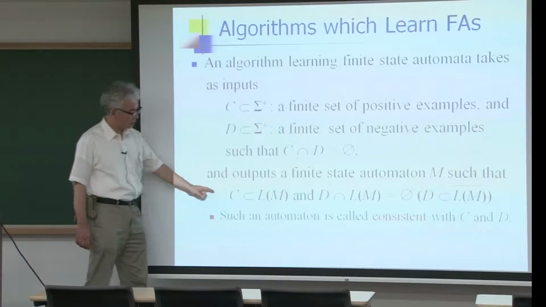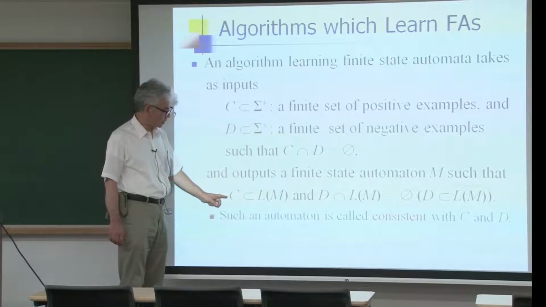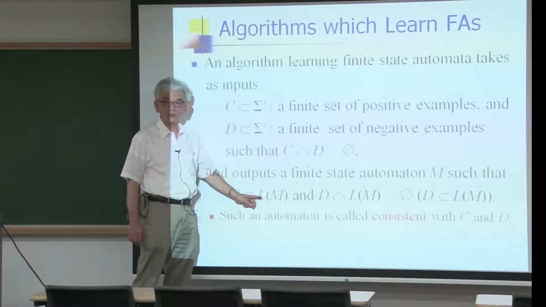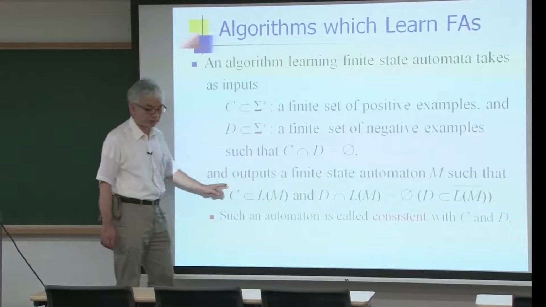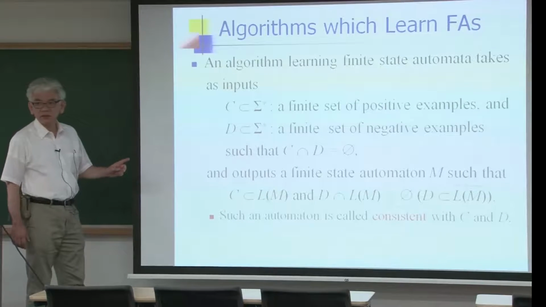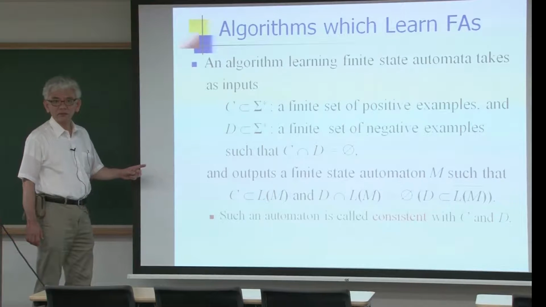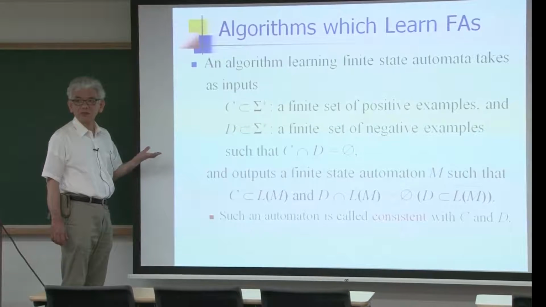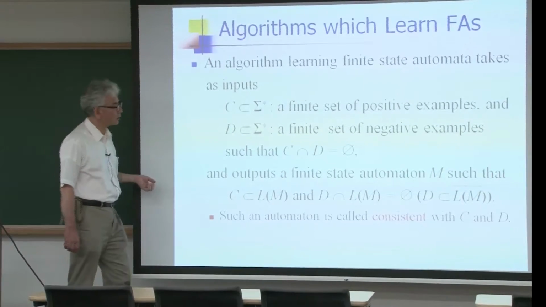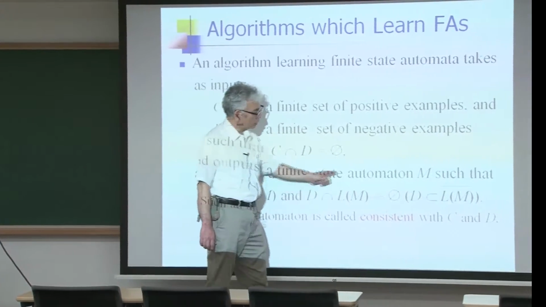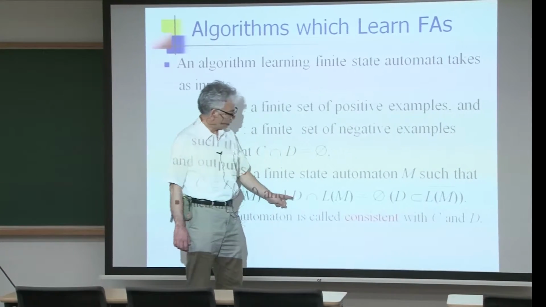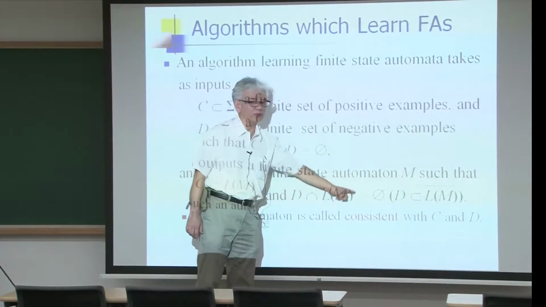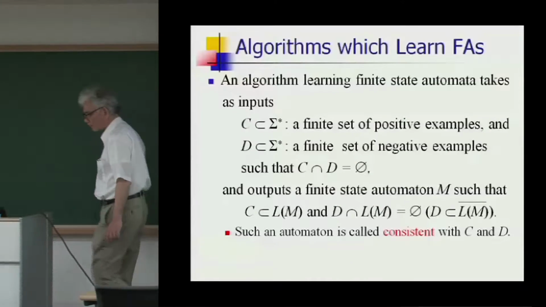Mathematically, I write in set notation, C is included in L(M). L(M) is the language defined by M. The language consists of all of the strings accepted by M. Okay? So another requirement is that the intersection of D and L(M) is the empty set.